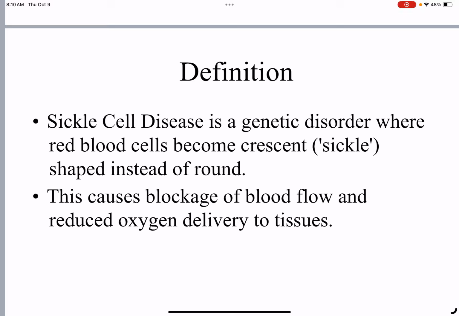They're not round as they should be. The consequence of this is that blood flow is reduced and oxygen delivery to the tissues is impeded. We don't want that to happen. But that's what happens in sickle cell disease.